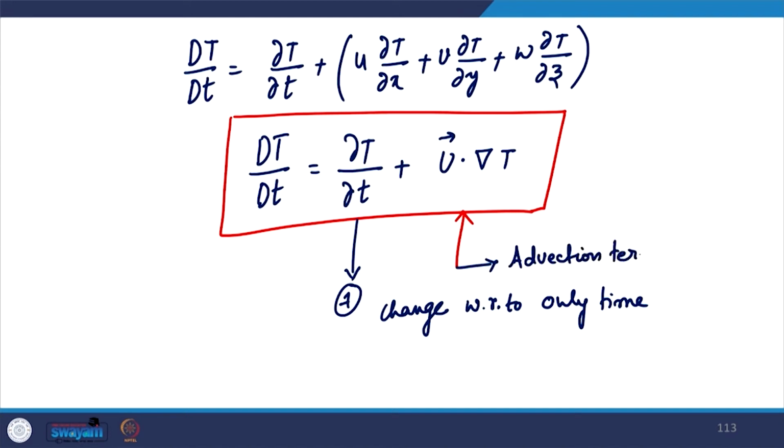What is the meaning of this advection term? The advection term tells you what is the change because of the motion. That means because of, let us say, the air parcel has moved from one point to another point. Like for example, the example that I have taken was the hill. So, let us say if I say that it has taken me 10 minutes to transport the air parcel from the bottom of the hill to the top of the hill.